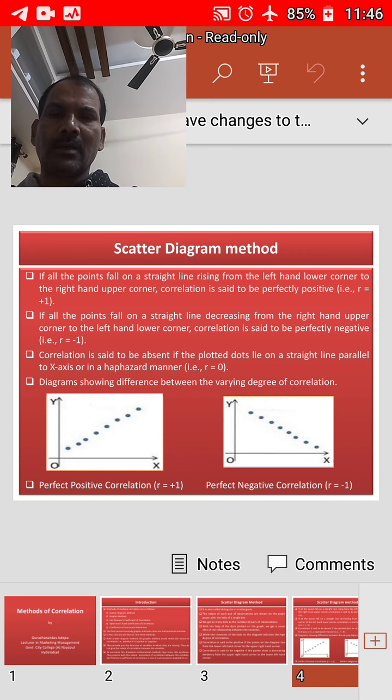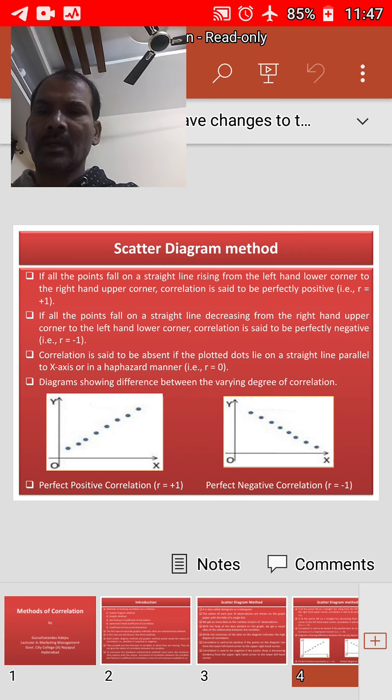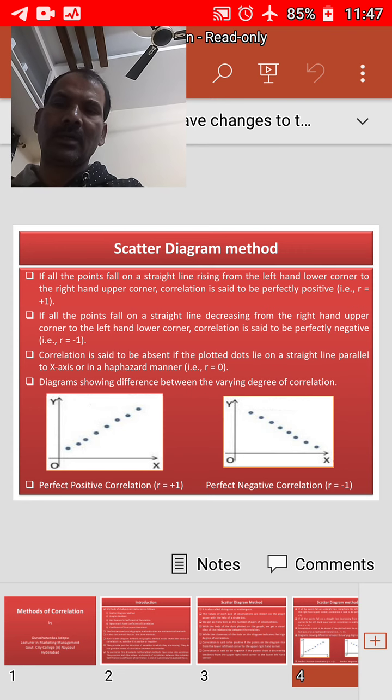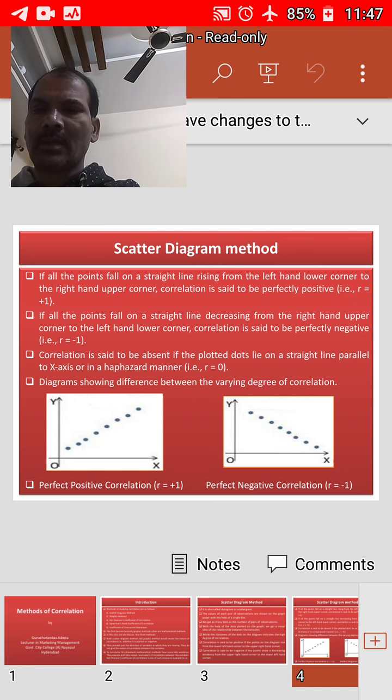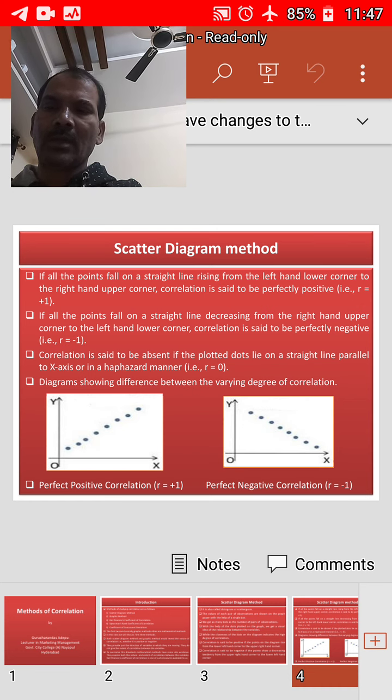You will see the same on the graph given in the PPT. On the other hand, if all the points fall on a straight line decreasing from the right hand upper corner to the left hand lower corner, correlation is said to be perfectly negative.